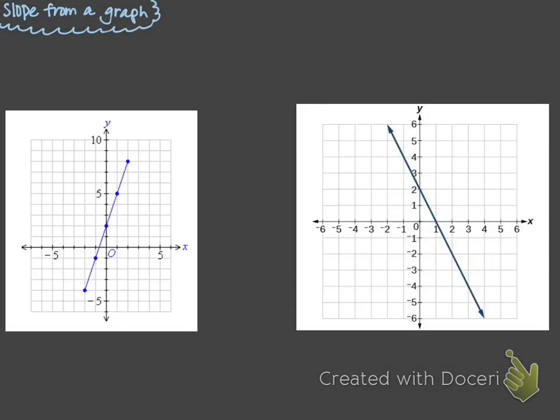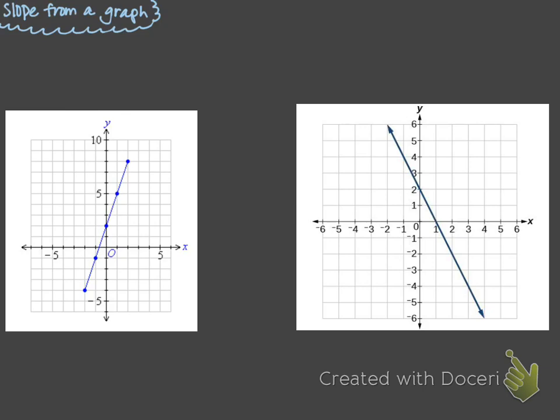All right, finally, we want to look at a graph. We want to see how we are growing or showing our slope, showing our steepness of these lines in the graph. So if we look at our very first graph on the left, we always want to note that we read graphs just like we read books, from left to right. So if we scan the left side of the graph and look all the way to the right, we see that our graph is increasing, which means we're going to have a positive slope value.